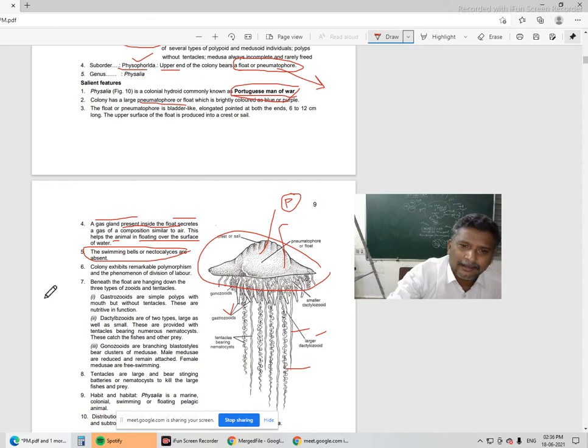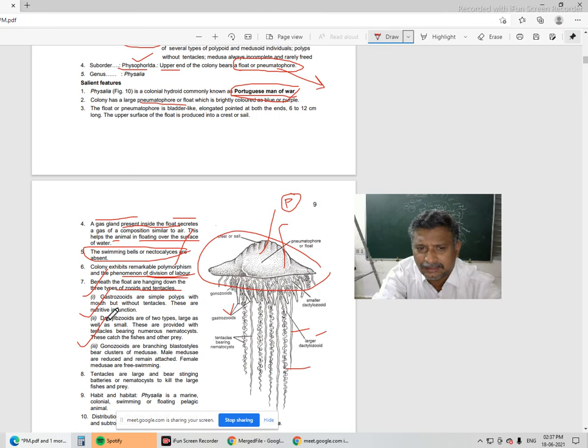Now the colony exhibits remarkable polymorphism, and the phenomenon of division of labor is also there. Beneath the float hang down three types of joints and tentacles: one is a gastrozoid, another a dactylozoid, another a gonozoid.